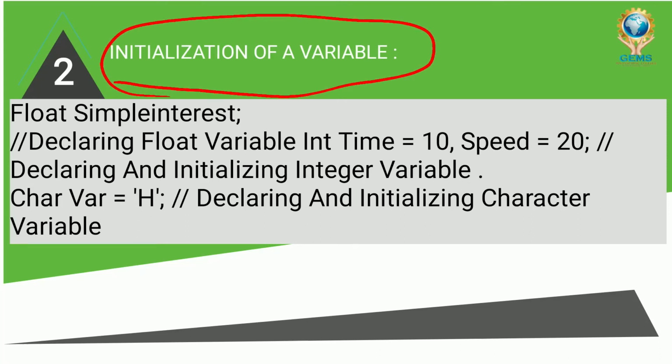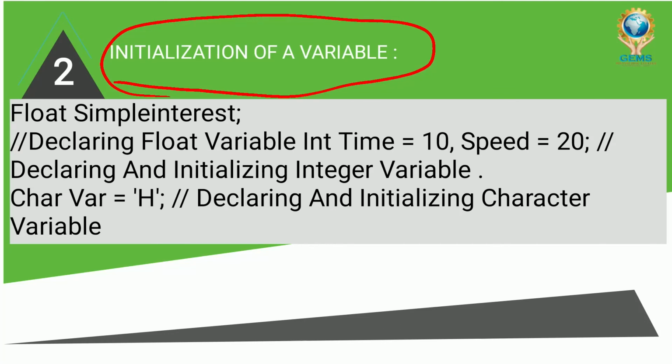What is the meaning of initialization? To assign the values to the variables, that process is called initialization. Just assigning the values to the variable. So look here. Int time equal 10, speed equal 20, declaring and initializing integer variables.